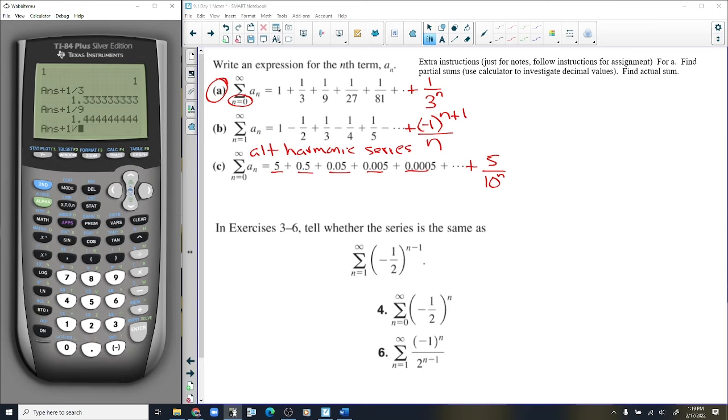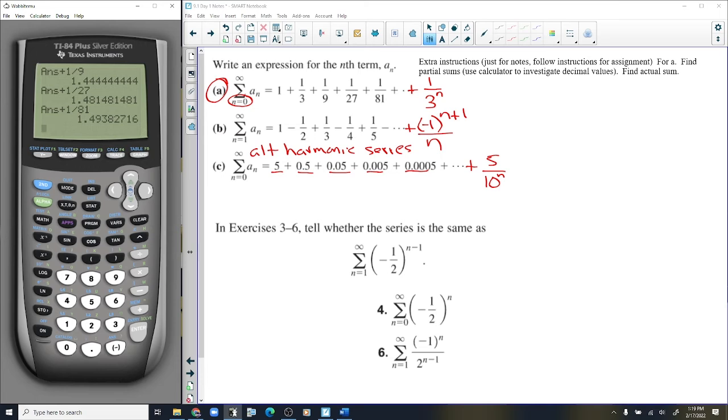Plus 1/27. Plus 1/81. Do you get a sense of what it's approaching? Does it feel like it's approaching a number, and what do you think it is? Yes, you think it's approaching probably 1.5.